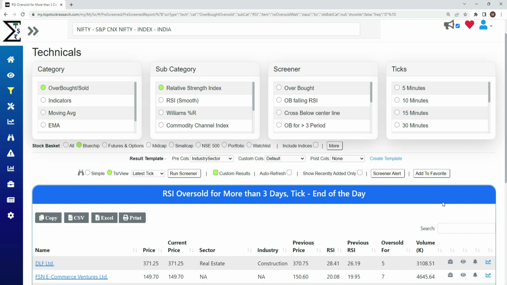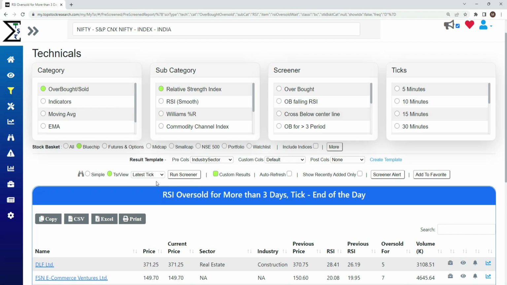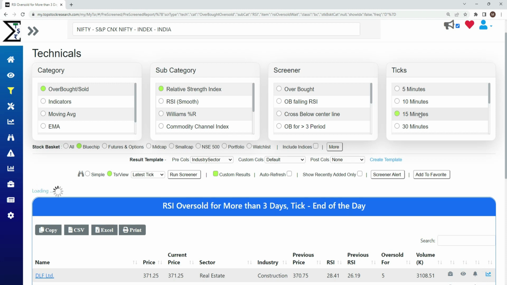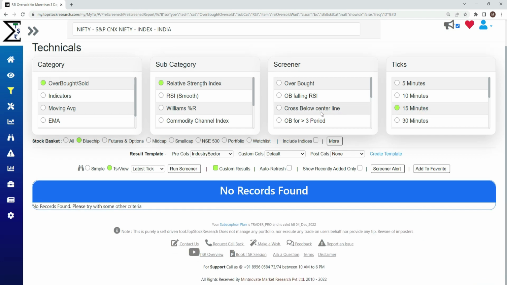So the idea is to tell you that the pre-screened ones work purely on standard numbers and standard formulas, overbought, oversold, with the 14 period on the close price. Then somebody mentioned another time frame; you can screen on any other time frame also. Let's say 15 was the number somebody mentioned. Okay, there is no stock on 15 which is in oversold range.